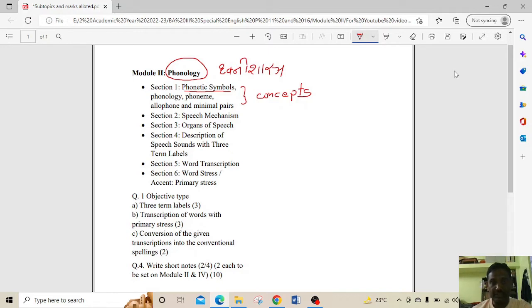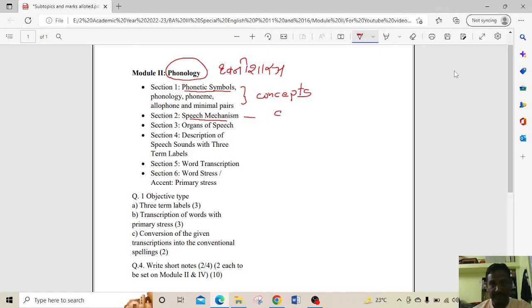The section 2 is speech mechanism. It means that when we produce sound in a language, for example, in Marathi, we produce k and we use it in the word kaka, kaki. So the k is a sound which is used in a language.